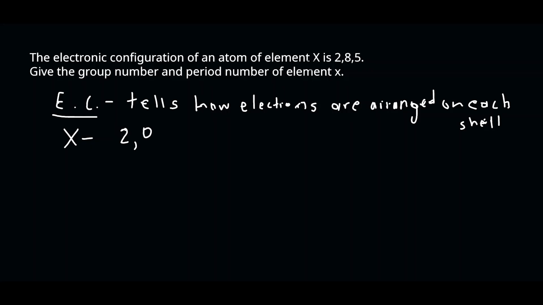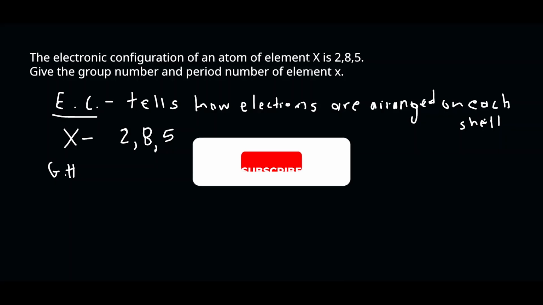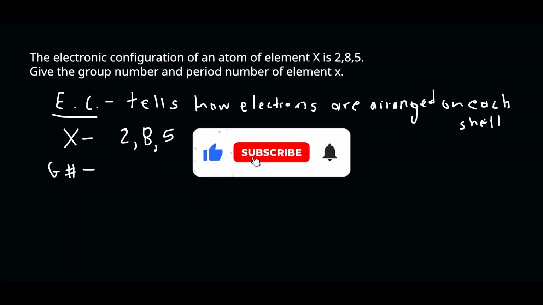That is the electronic configuration of element X. So based on what we're seeing here, we're supposed to give the group number and also the period number of element X. So we're just gonna be using G and the number sign to represent group number, and we're gonna be using P and number to represent period number.